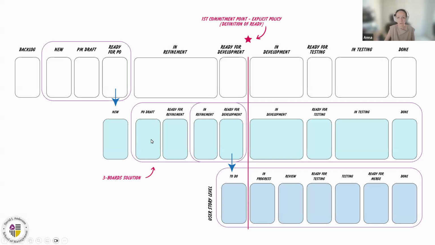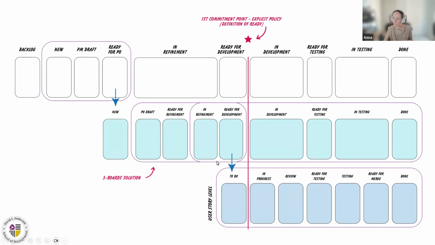They call it product owner draft. When they drafted requirements, they described them and moved them to the status called ready for refinement. We are still in upstream, okay? It's not delivery. So it was board number one. Even though it was one visualization, it was technically board number one.